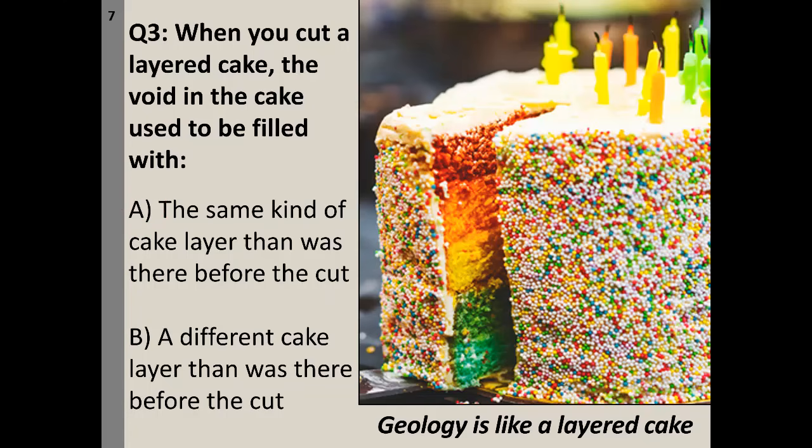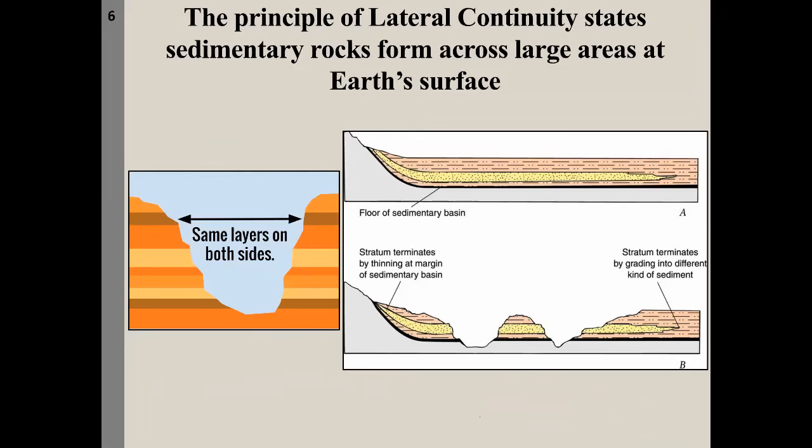So similarly, again, the principle of lateral continuity states sedimentary rocks form across large areas at Earth's surface, just like our layered cake. Here on the left, we've got a cartoon schematic, and all we're saying with this lateral continuity is that this layer right here used to be connected and is the same as this layer over here. Now, sedimentary rocks are reflective of depositional environments.